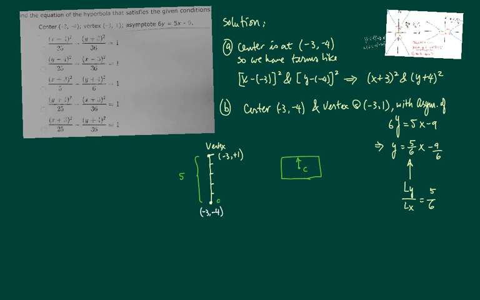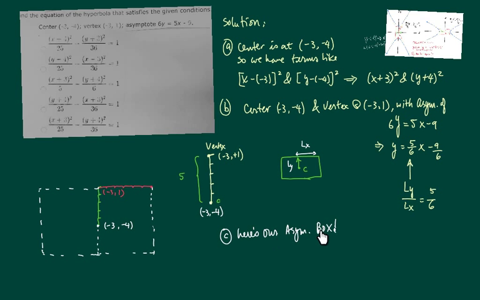Alright, once we figured it out using the ratio, ly is 5 units, and the ratio is 5/6. So from here, I know lx is equal to 6 units. So here's my box. I start with this corner, go up 5 units, and go over 6 units.